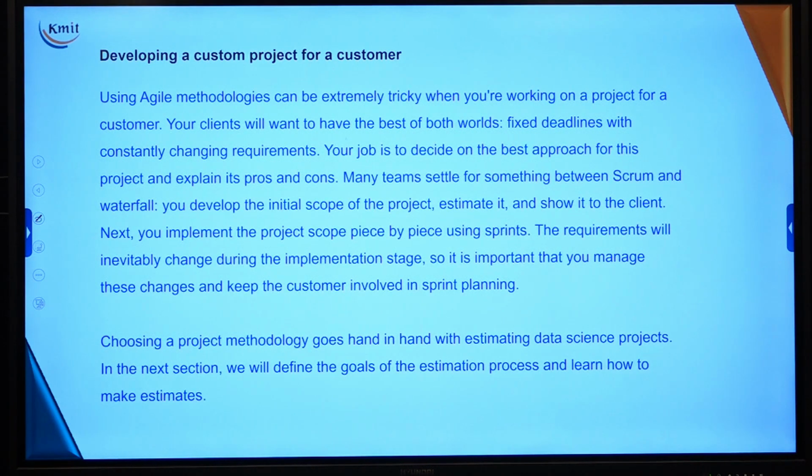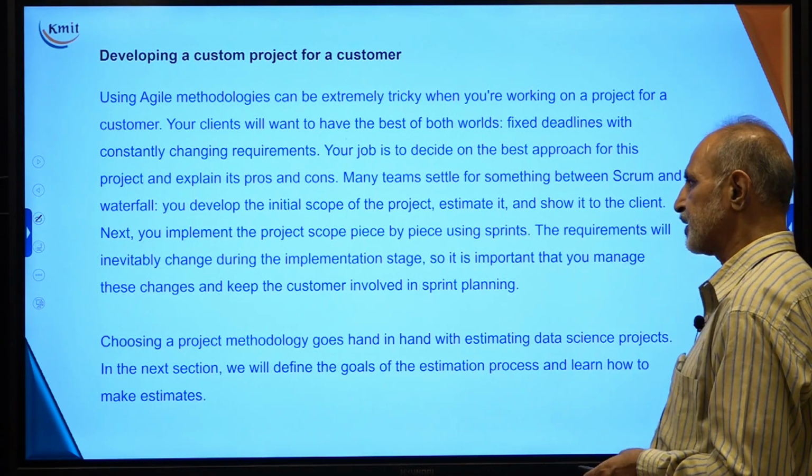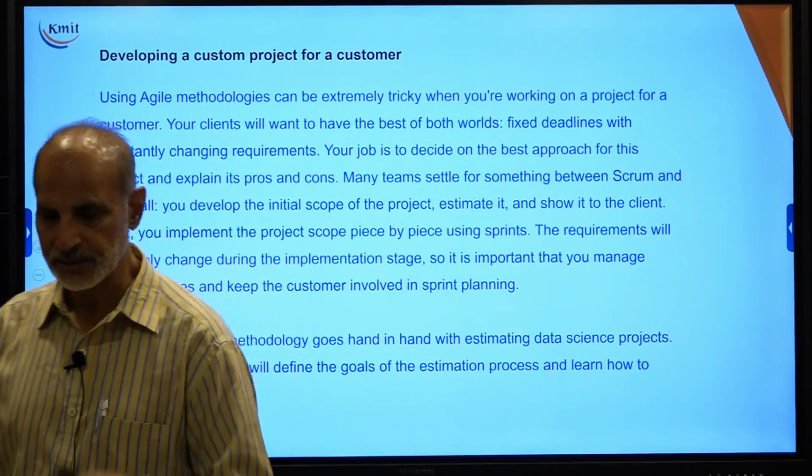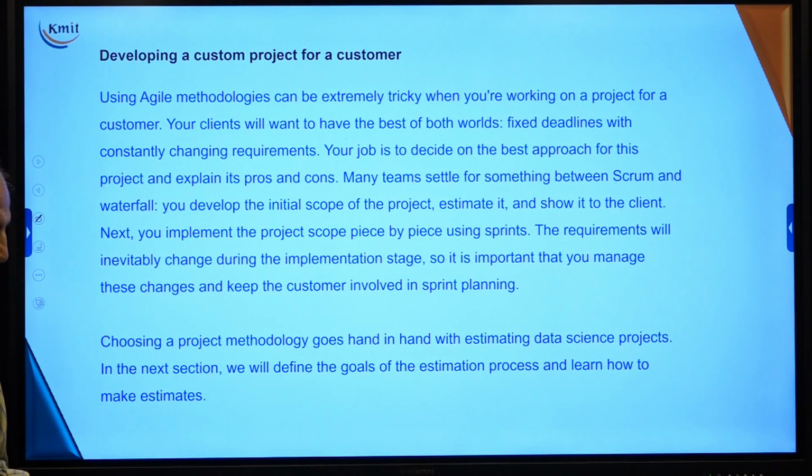And developing a project for a customer. If I have developed a project for one kind of customer, and similar work comes from another customer, I will go with the project which was developed for the first customer and adapt it for the new customer. For example, banking software.